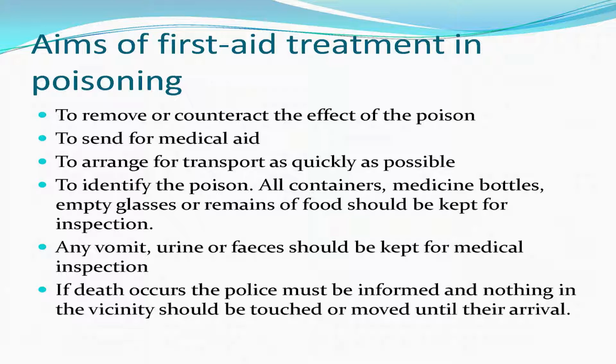Or if it is an acid, you use an alkaline to counteract the effect of the acid. And then you send for medical aid, which is also one of the aims. You arrange for transport as quickly as possible. You identify the poison; containers, medicine bottles, empty glasses, or remains of food should be kept for inspection.